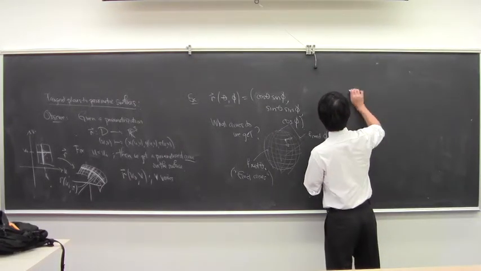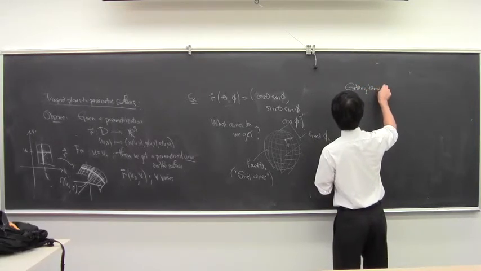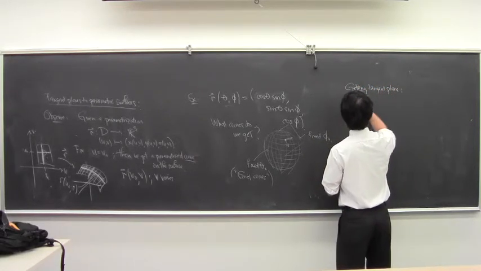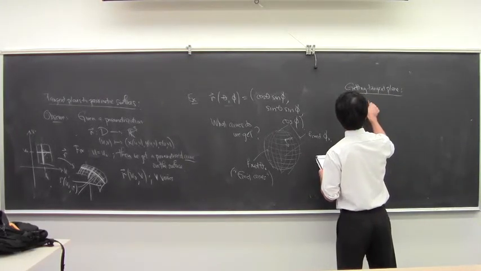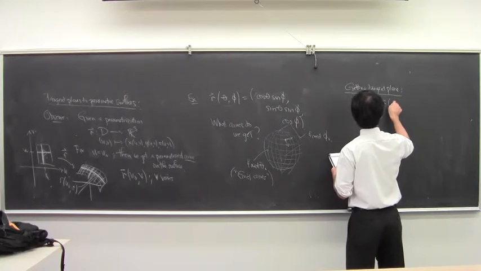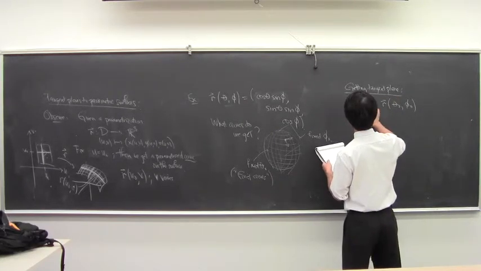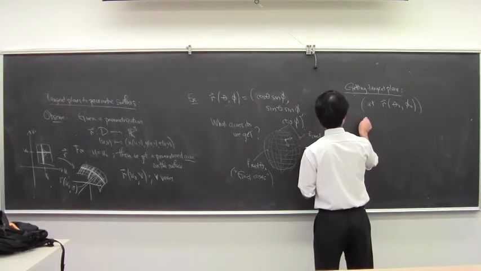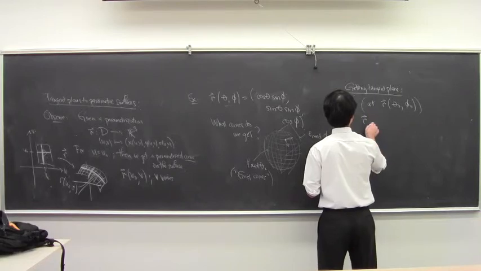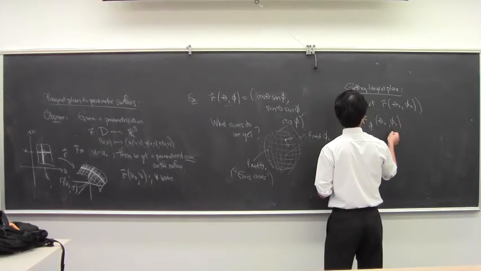So let's say, suppose you want to get the tangent plane at the point theta naught, phi naught. Okay, so you'd say, I'm going to take the partial of the first with respect to one variable.